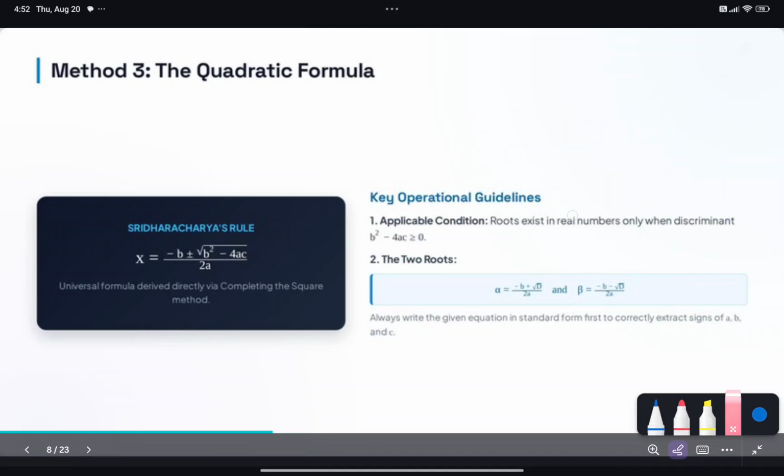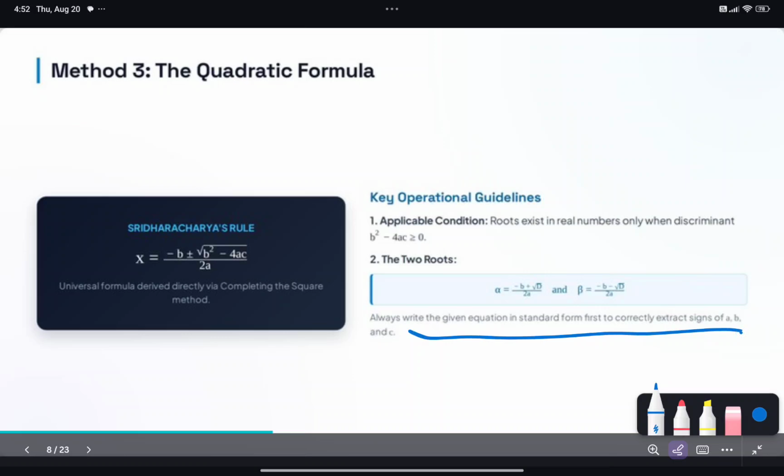Any doubt you have in this topic? You can ask. See, always write the given equation in a standard form first to correctly extract the signs of a, b and c. What is the point here? Note point.